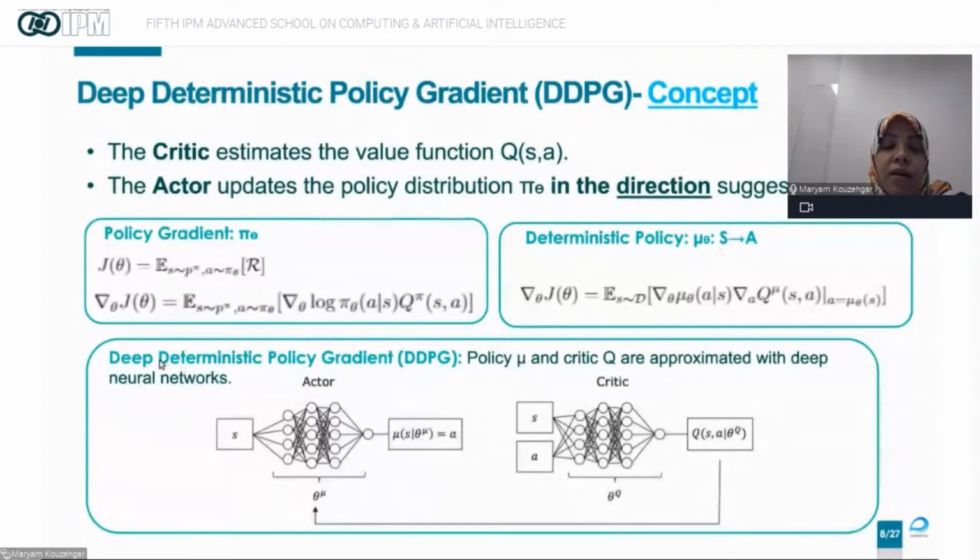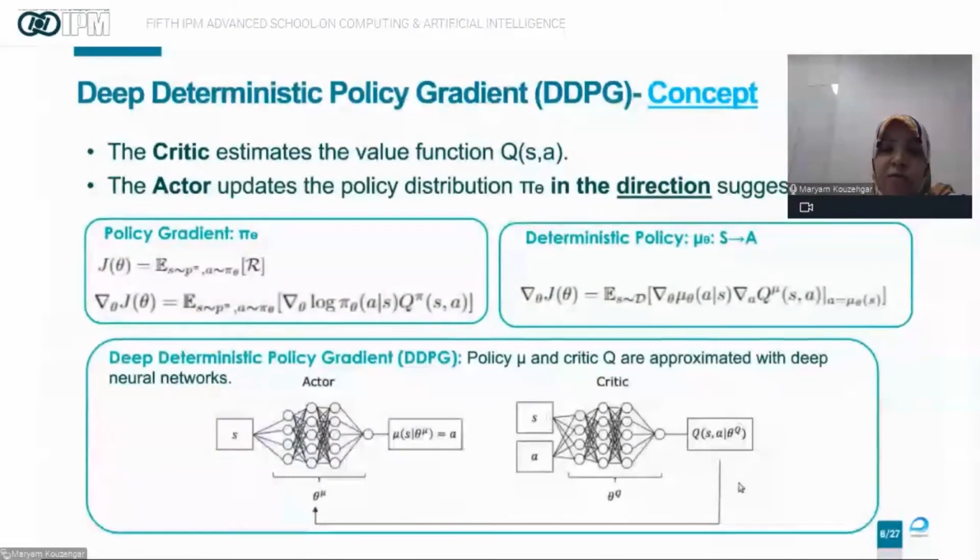And the reason we label it deep deterministic policy gradient is that the actor and the critic are modeled as deep neural networks.